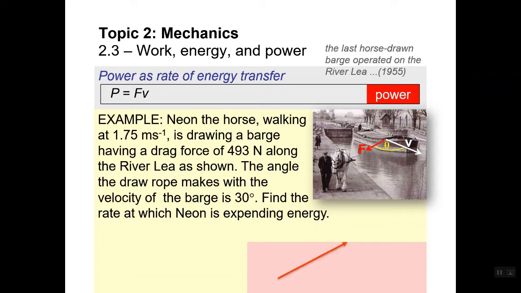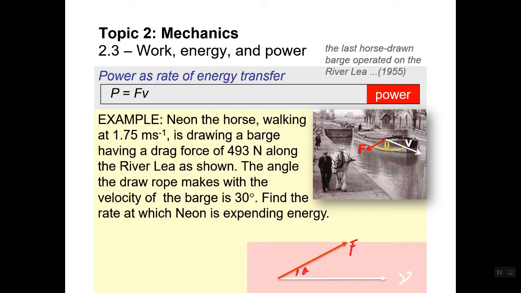Let's visualize those two directions. So velocity, F here, and the direction of the barge move is this direction, and we need to be careful about the direction. So that's the angle. Earlier we learned work done is force times the distance in the direction of the force. Similarly, in power, it is force times the velocity in the direction of the velocity.